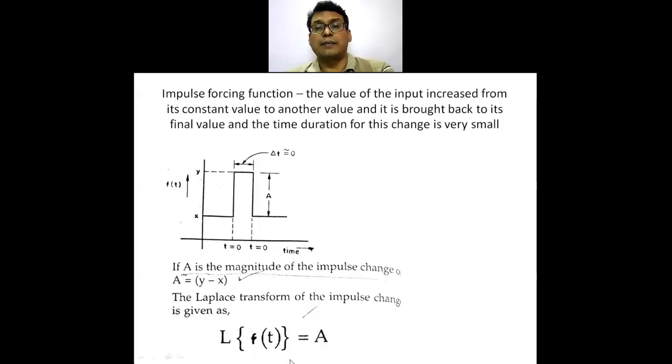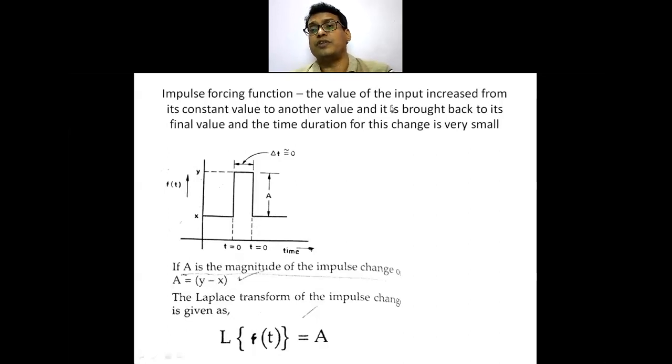So mathematically and graphically, it can be represented as a step change provided at time t equal to 0, but at the same time I am returning it back to its original position.